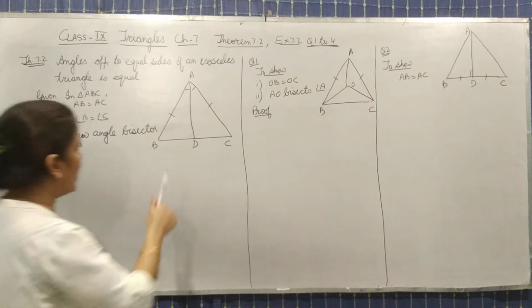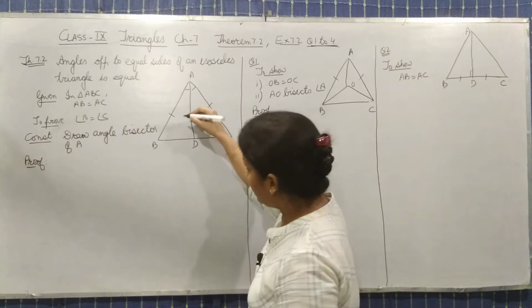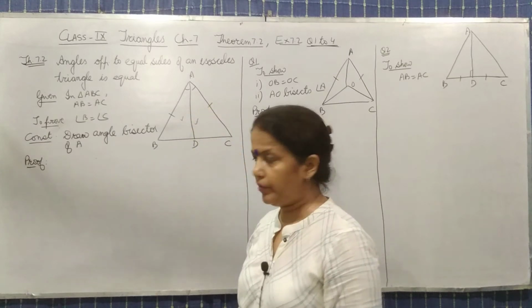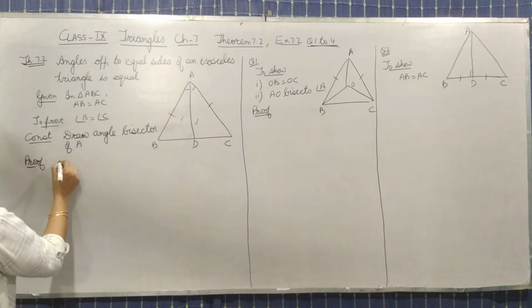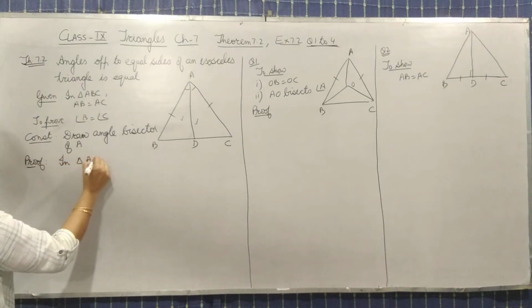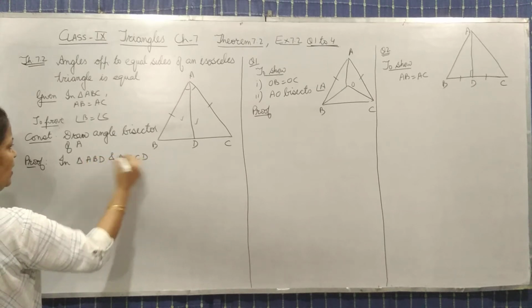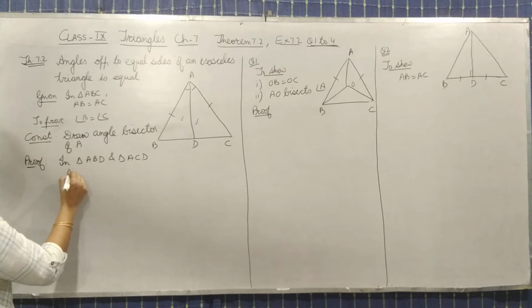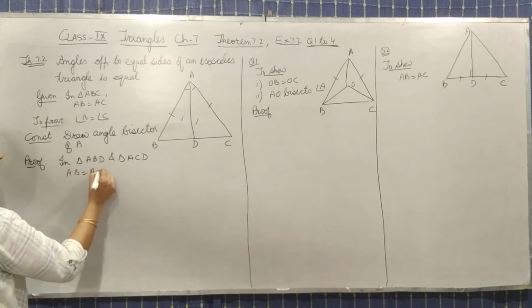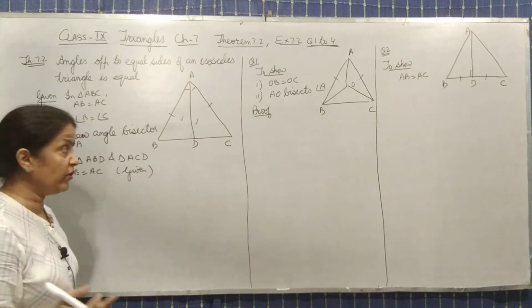In the proof part, since you have to prove these two angles equal, we will take these two triangles and try to prove them congruent. So we name them triangle ABD and triangle ACD. AB equals AC, this is given. We have to prove them congruent.